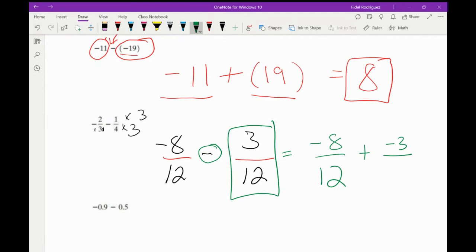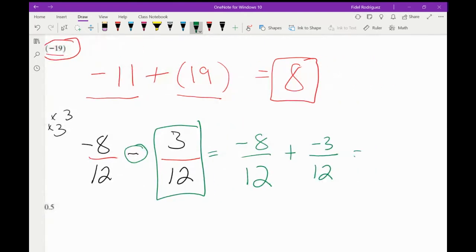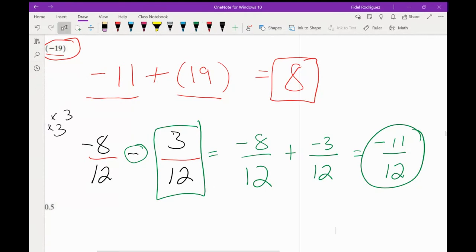So I'm going to put a negative 3 over 12. And then finally, I'm going to add these together. That's going to give me a negative 11 over 12, right? Because if I owed you $8 and I borrowed 3 more, I would now owe you 11, okay?